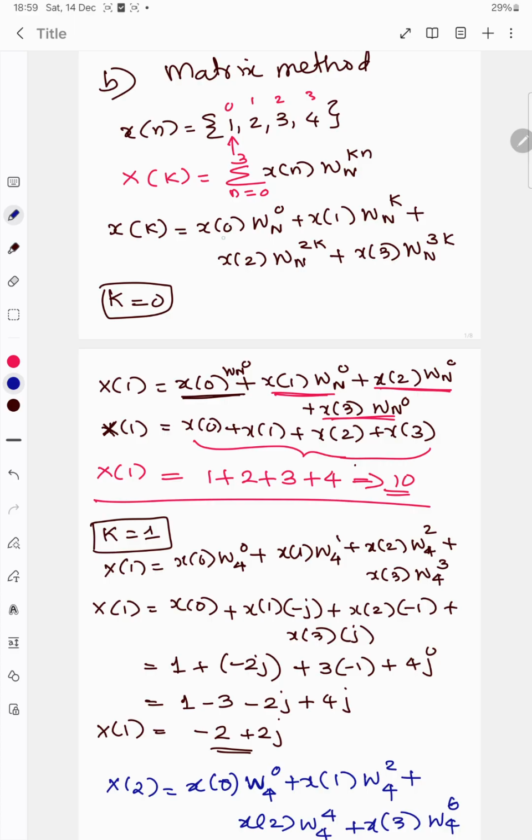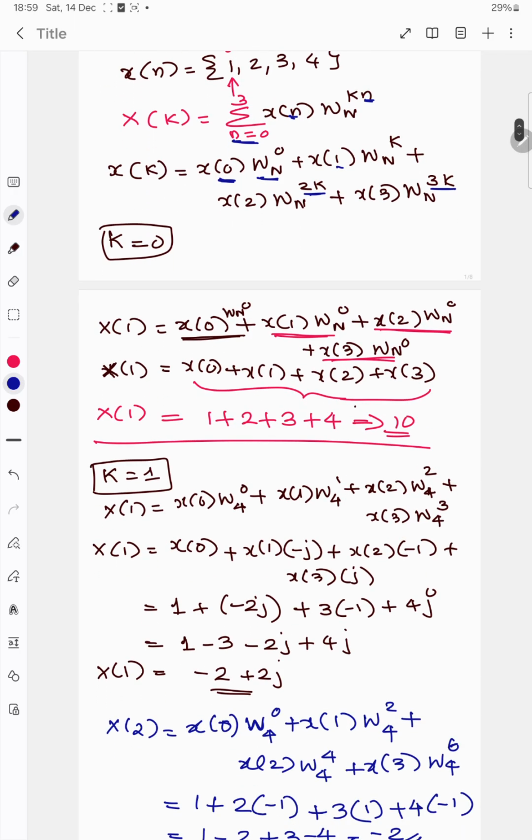Because this is a summation series, the first time we substitute 0, wherever n is there it has to be replaced by 0. So we get x of 0 WN of 0, x of 1 WN of 1k, x of 2 into WN of 2k, then x of 3 into WN of 3k. This is the basic sequence we are getting.